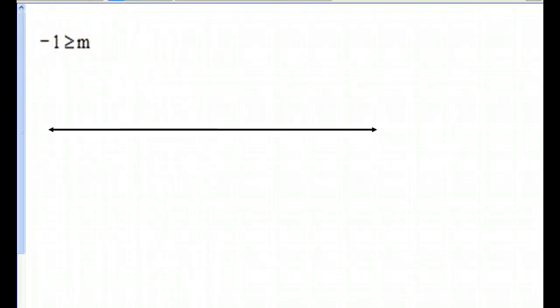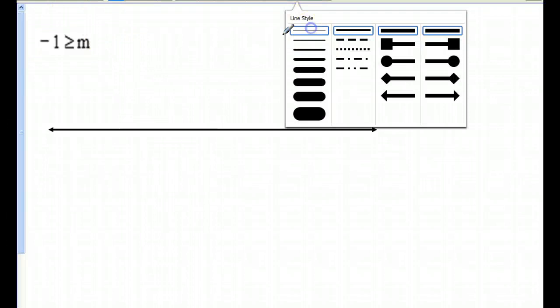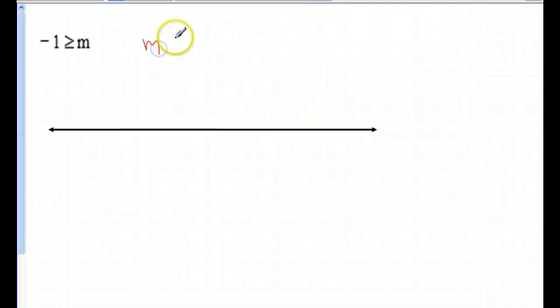So that's what you've got to understand: when we graph inequalities, it helps to put the variable on the left side, the number on the right side. So here's -1. Right now the order sign is underlined, so that means it's less than or equal to. That means -1 is included.